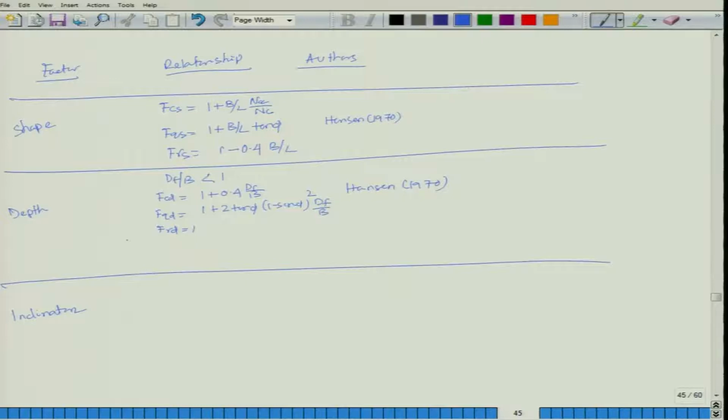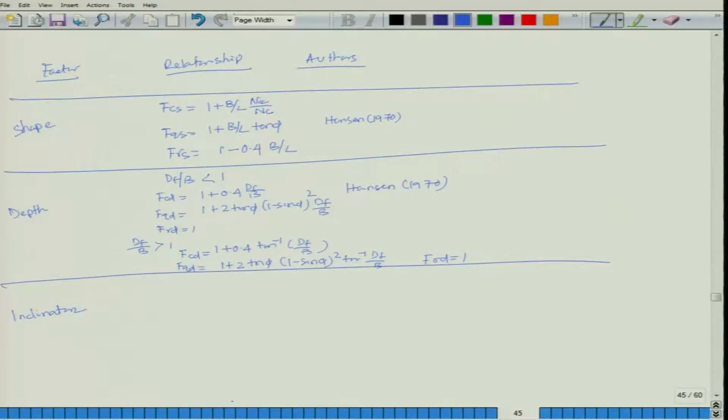Condition 2, if Df by B is greater than 1, in that case FCD is equal to 1 plus 0.4 tan inverse Df by B, FQD is equal to 1 plus 2 tan phi (1 minus sin phi) whole square tan inverse Df by B, and F gamma D is equal to 1.